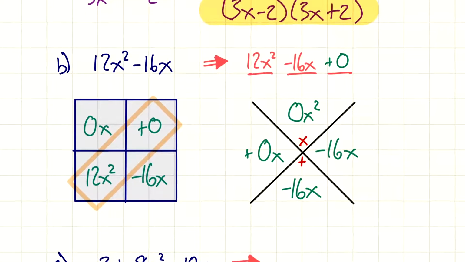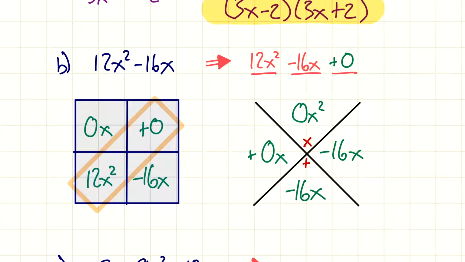All right, so let's fill out the outside numbers. So let's do 12 and 16 common would be 4x, which would make this a 3x, and would have to make this a negative 4.